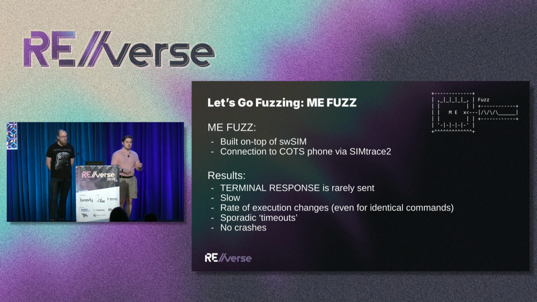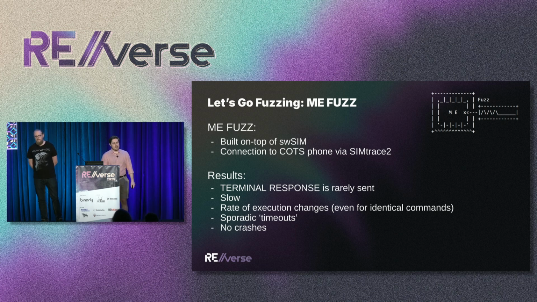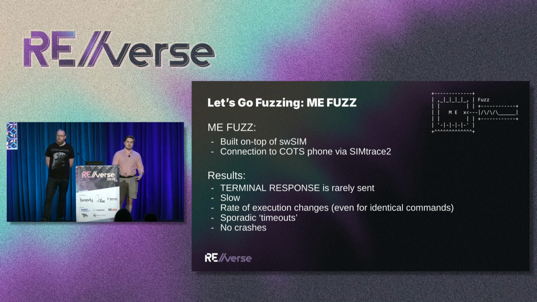So we wanted to use the software infrastructure that we built to do some fuzzing. The first and obvious thing that we tried was black box fuzzing, and we called this tool MEFuzz. MEFuzz was just built on software SIM, and its only purpose was to connect to COTS devices, so common off-the-shelf phones, via the SIM trace too. It was supposed to send just a bunch of proactive commands and test what crashes the target.